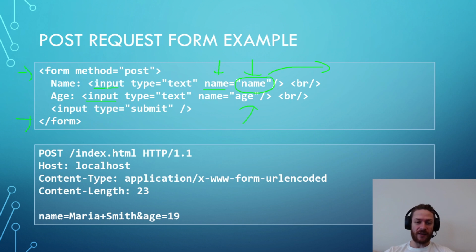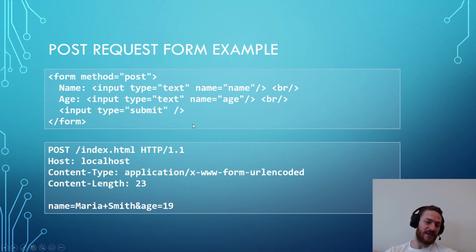So when you hit submit here, you will make a post request with content type application form URL encoded, and the name and the age from these inputs will be provided here in the query string format. That's how forms work, and this is how we can debug if a form is not working.